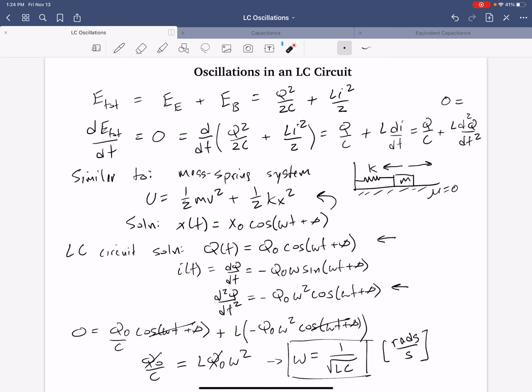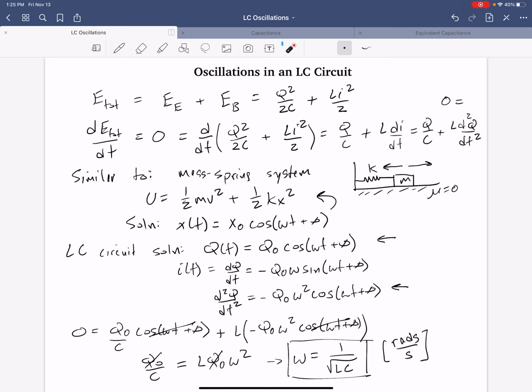So this is the angular frequency with which the current or charge oscillates in an LC circuit. We did that by saying that the total energy in the circuit is constant. It does not change, because we set the derivative with respect to time to 0.